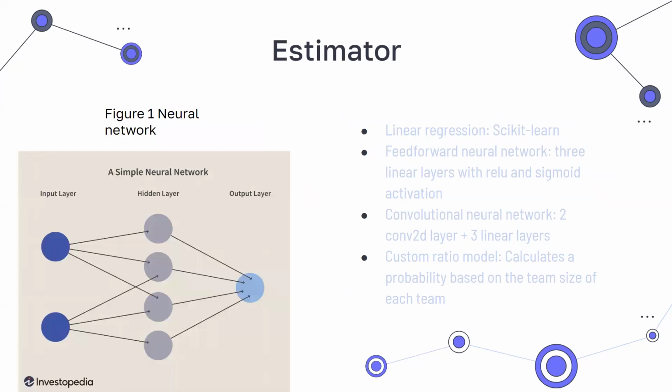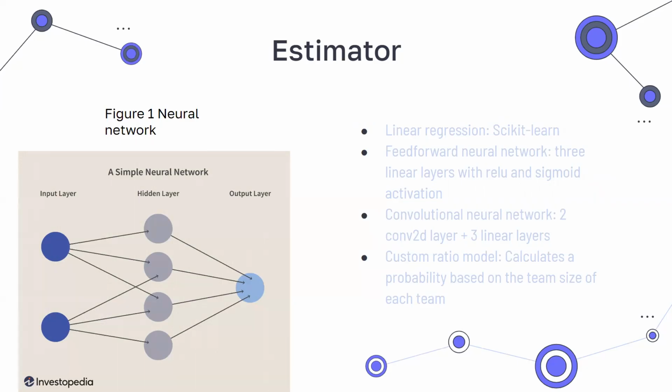So for our estimator, first we used a feed-forward neural network with 3 linear layers, and we tried a bunch of activation functions such as ReLU and sigmoid. Then we also tried using a CNN with 2 conv2D layers and 3 linear layers.